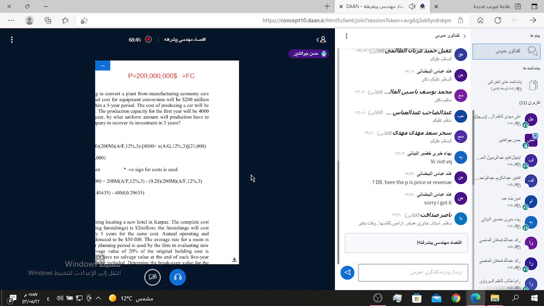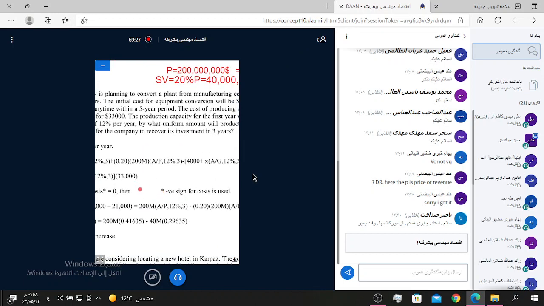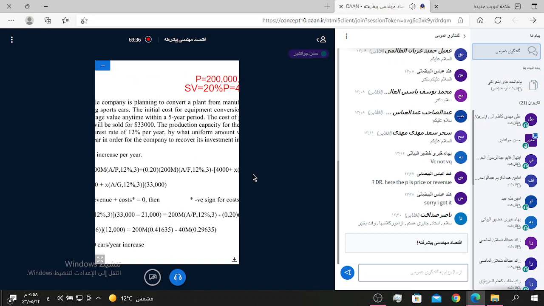Salvage value SV is equal to 20% multiplied by this number, within a 5 years period. Lifetime n is 5 years.